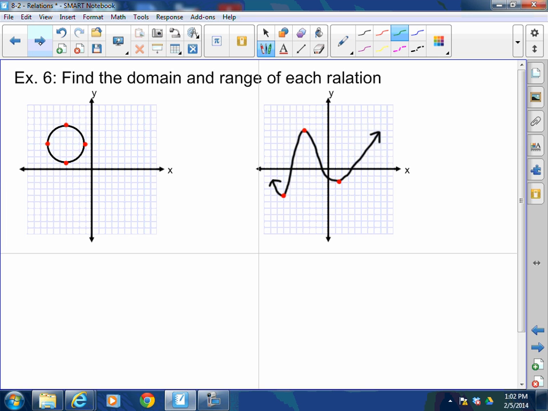Okay. What's the domain? And what's the range of this circle? Don't look at me like I'm throwing a curveball at you. I'm not. From left to right, isn't that my domain? So I'm going from? No, I go small to large. 1, 2, 3, 4, 5, 6, 7.